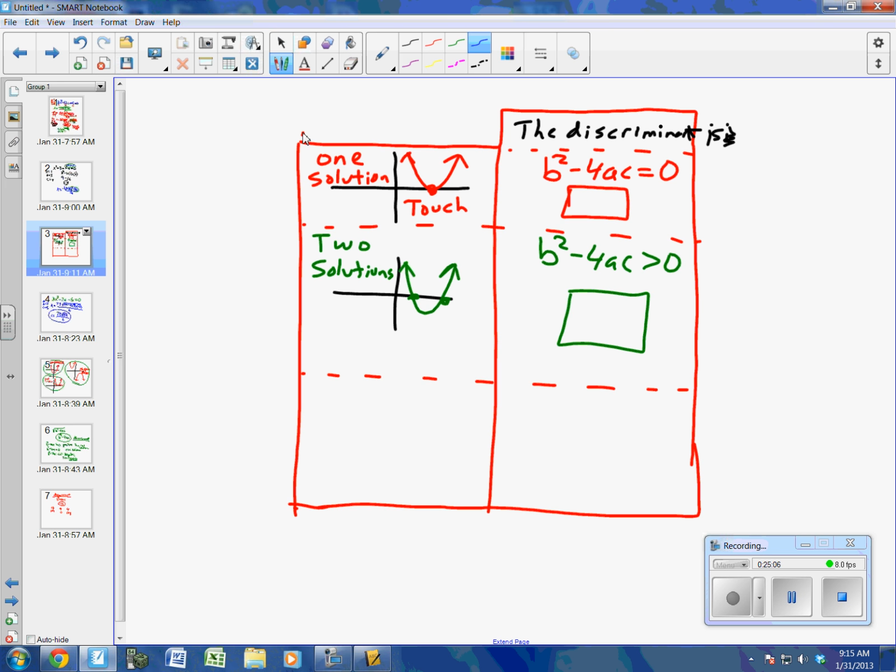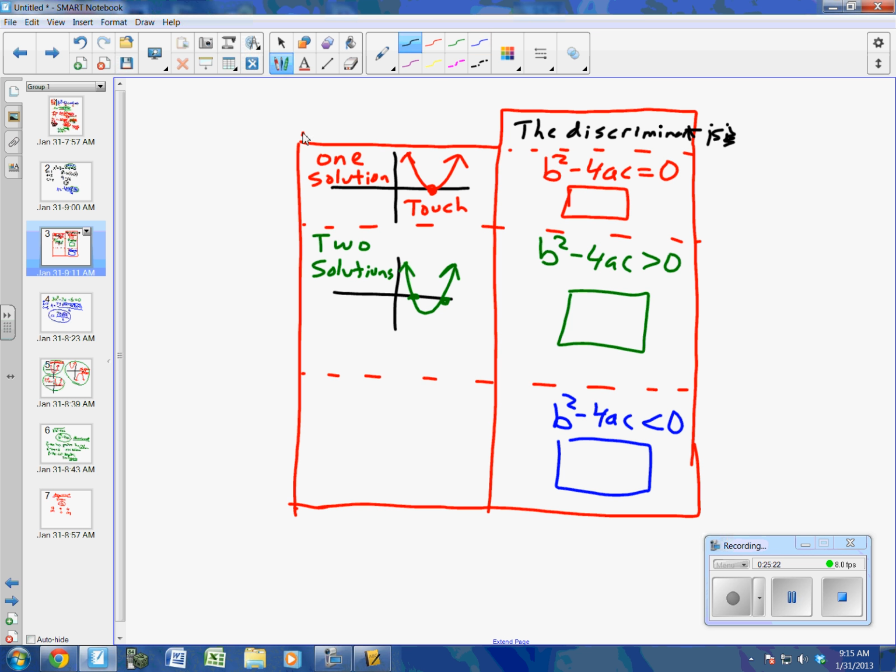And then you're going to do one right here that's b squared minus 4ac is less than 0. You're going to put one of your problems, out of the 4, that was less than 0 right there.